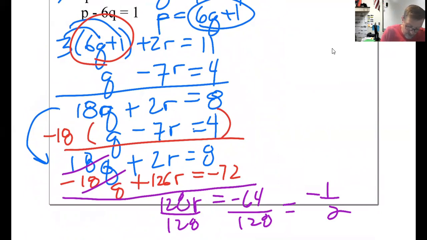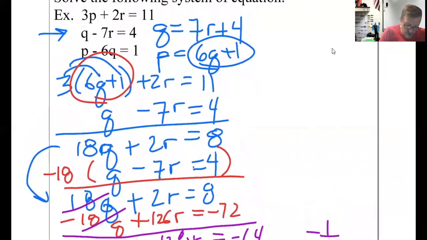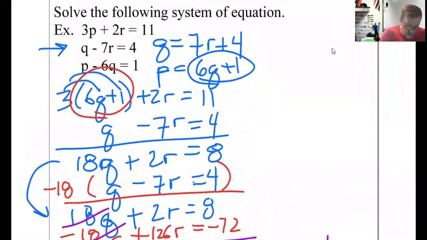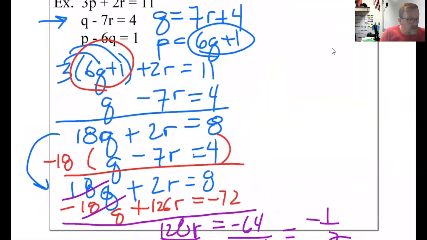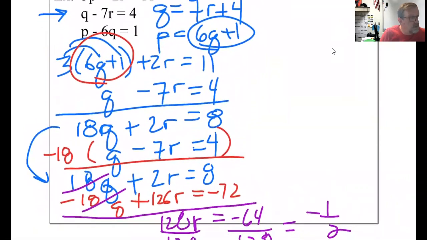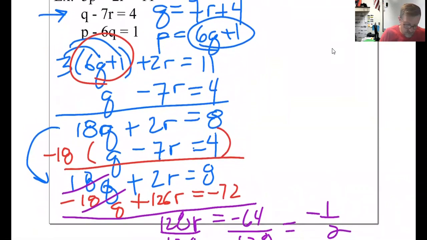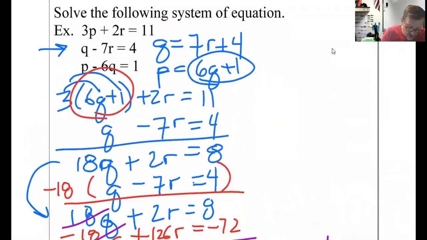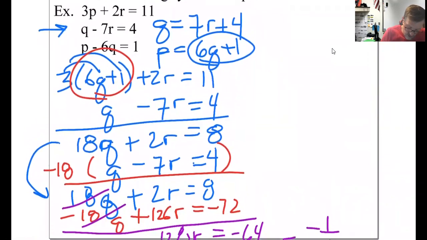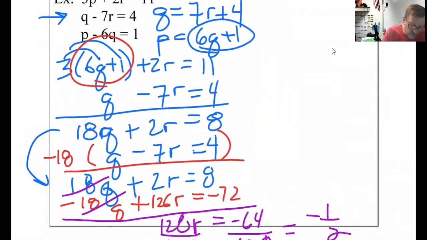So now I'm going to take that negative 1/2 and plug it back up into my top equation. Where do we want to put that? Let's put it in the second equation, because that's already solved and already has the r in it. So let me move this back up a little bit, just so we can see both of those.